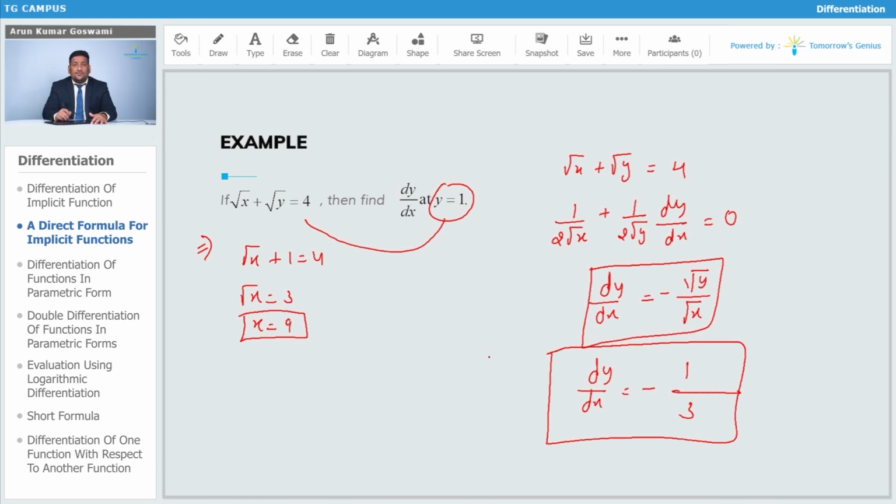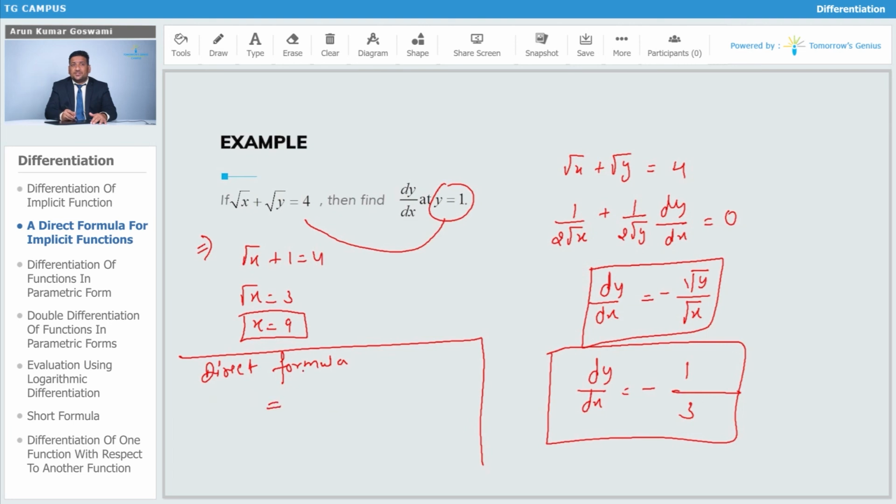As you can see, this is an implicit function, and if I want to derive it directly using the formula, the direct formula is differentiation of x by keeping y as a constant.